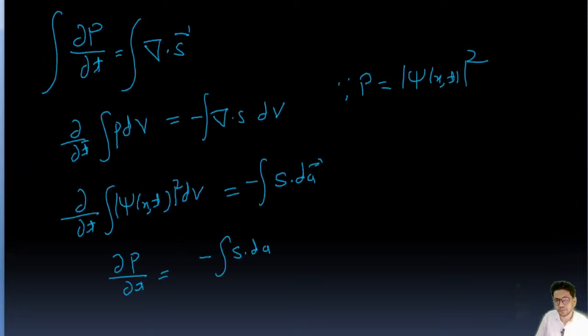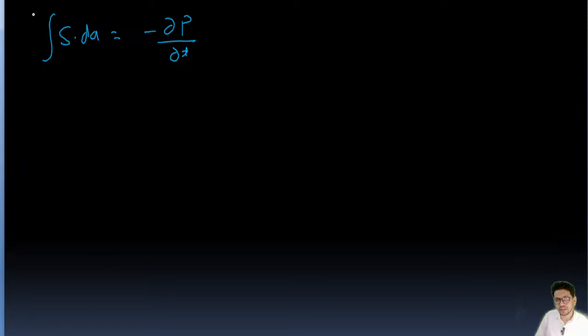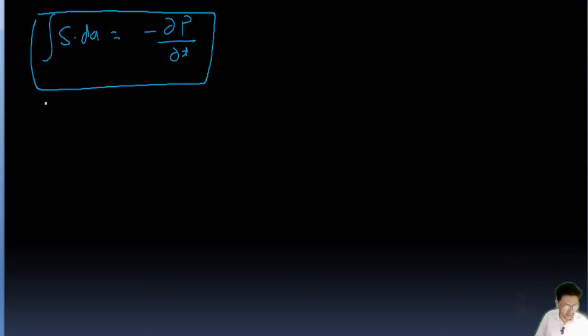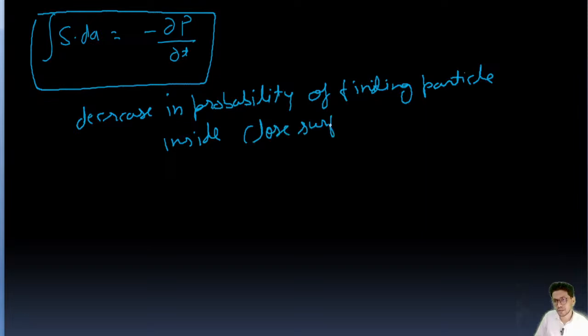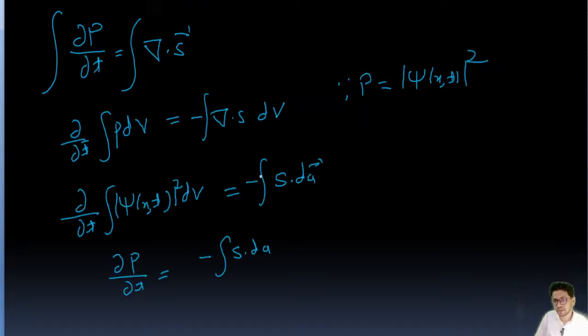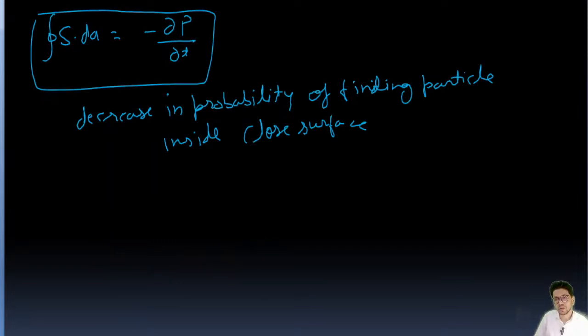What this equation is saying is that there is a decrease in the probability of finding the particle inside the closed surface, where we used the divergence theorem. So this expression says there is a decrease in the probability of finding the particle inside the closed surface.